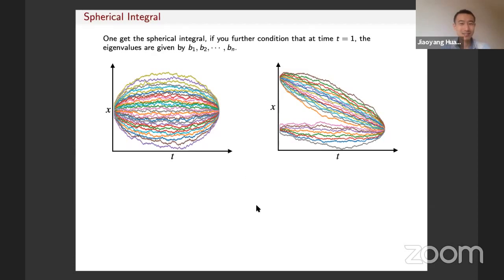For the model you mentioned, if you don't condition on the endpoint, then maybe it's just a free convolution with a lot of measures. But if you consider UA1U star plus UA2U star until UAMU star, and then condition on the law of the whole sum, maybe you can get something more like the complex Burgers equation. I'm not sure.